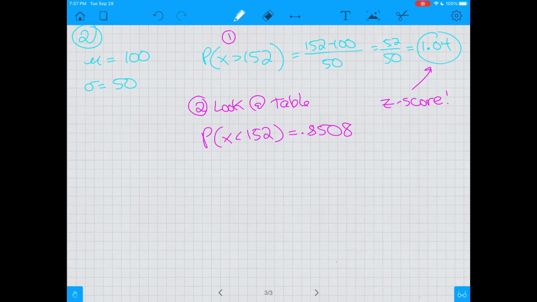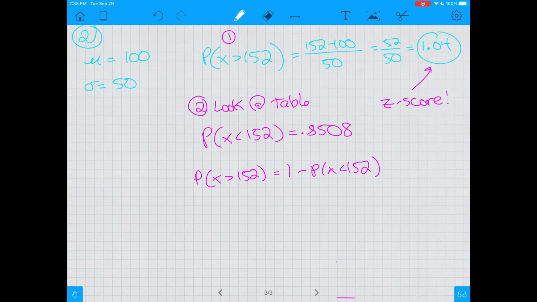So in order to figure out the probability that x is greater than 152, all I do is 1 minus the probability that x is less than 152.